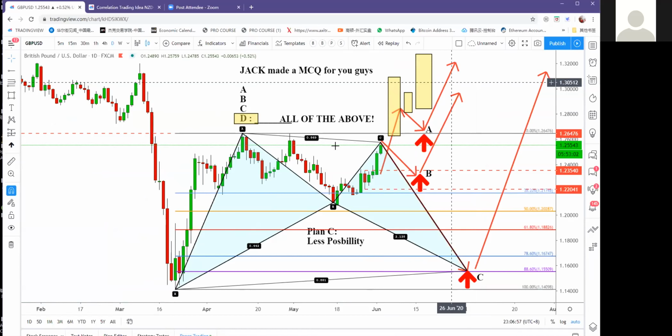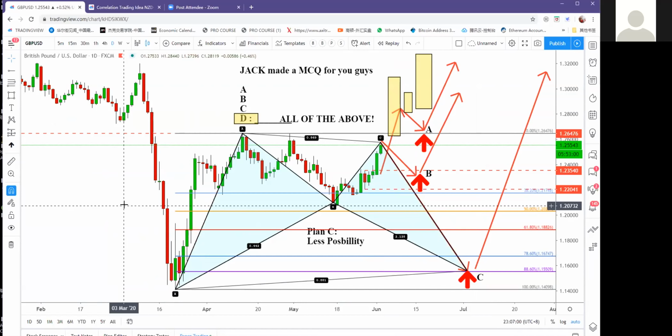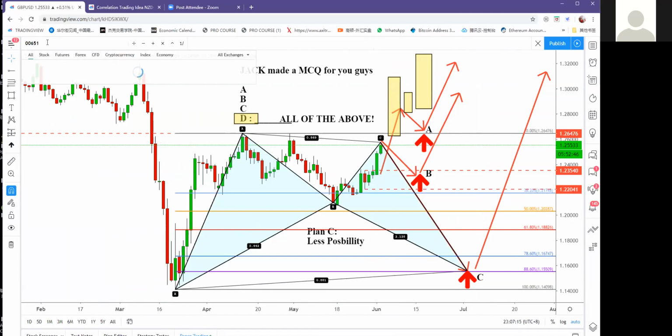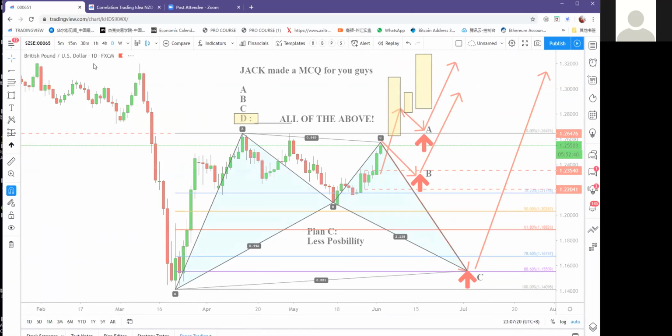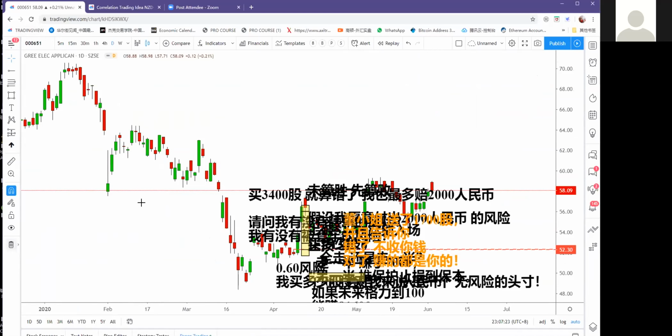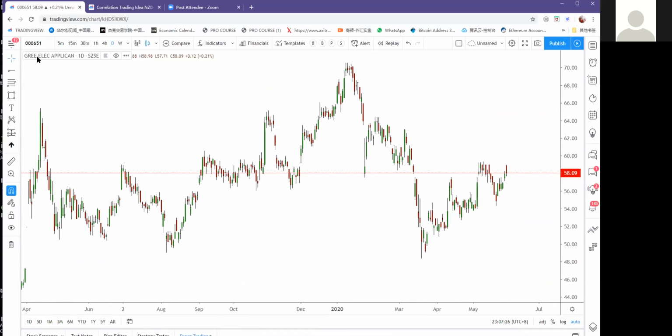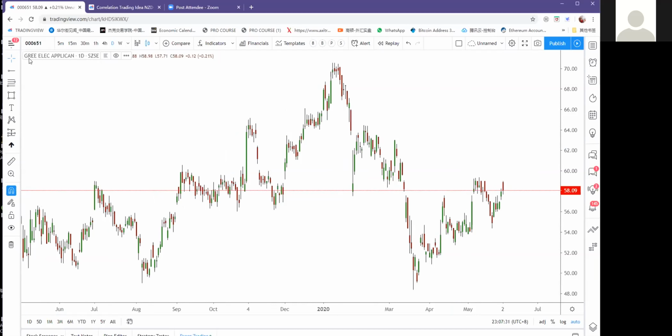Do you pick up stocks? I seldom pick up stocks because stocks don't really give me very good leverage. But I do have some stocks in my mind. The first one will be A shares, because I am more familiar with the A shares. The one that I'm looking at is 000651, Gree Electric Appliances. Gree is a very good company in China.